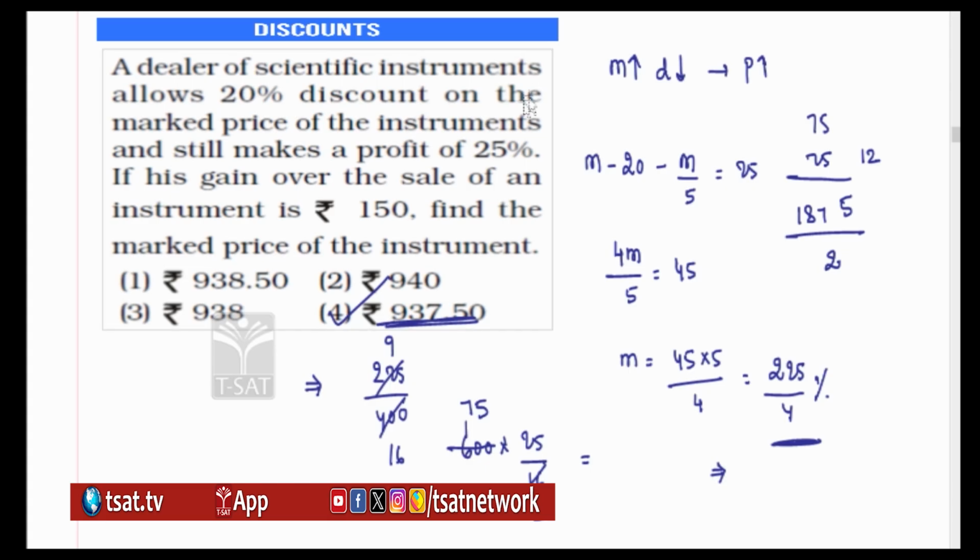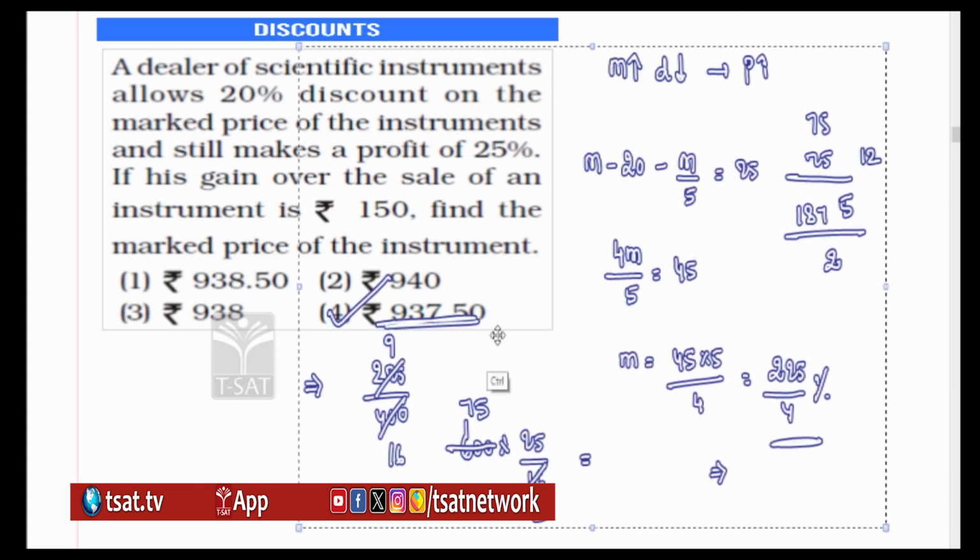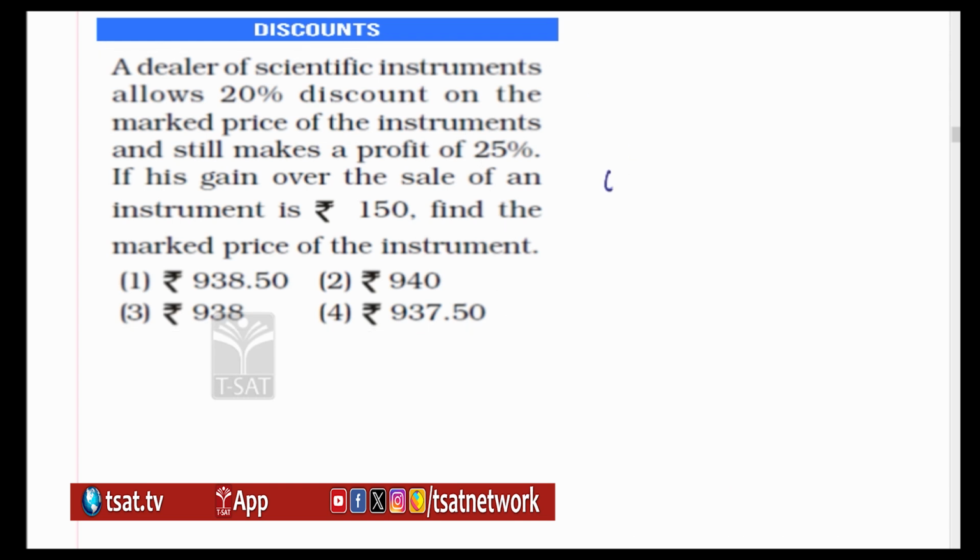You can take the values when you know the values. We know that the cost price is 600. This one is 750 because of 25% profit. You are giving 20% discount, right? Upon MP you are giving 20% discount.